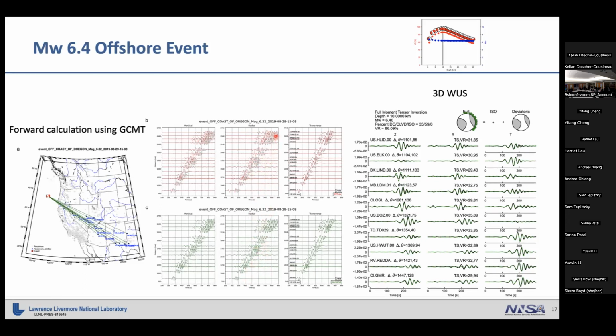You can see we're really starting to fit the later phases of the surface wave. It's a little bit small here, but if you look at the bottom, the black and the green are almost on top of each other. So even just using the original GCMT solution, comparing between the two models, there is an improvement there.